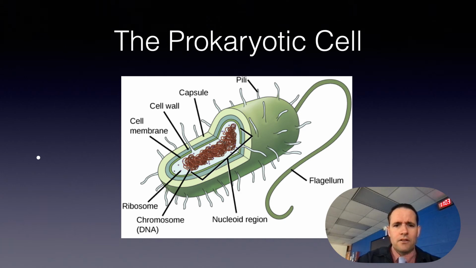This is like a little tail-like thing, and that's used for locomotion. And pili, there's an arrow pointing to one of those, is a little hair-like feature, and that's used for attachment to surfaces, including the surfaces of other cells. Plasmids, which consist of extra chromosomal DNA, are also present in many species of bacteria and archaea.